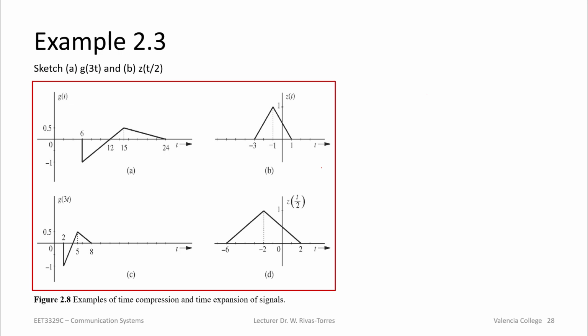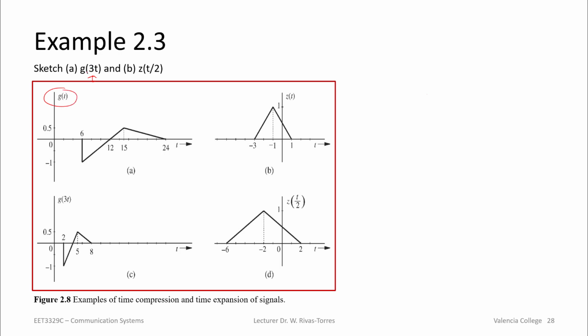Here's an example again from the textbook. For part A, the textbook wants you to sketch g of 3t, where this is your g of t.